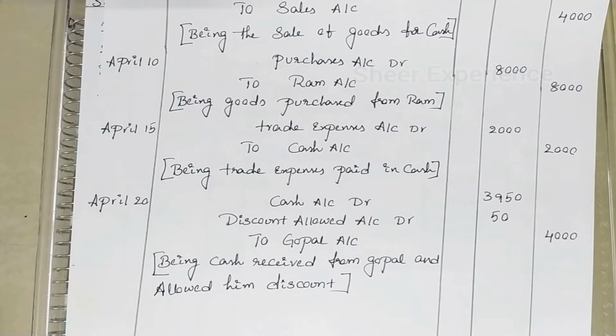So we are debiting cash account. Discount allowed is an expense to the business. The rule for all expenses is debit all expenses and losses, credit all incomes and gains. So we are debiting discount allowed account. And Gopal is credited. Gopal comes under personal account. The rule for personal account is debit the receiver, credit the giver. Here Gopal is the giver. So we are crediting Gopal account.